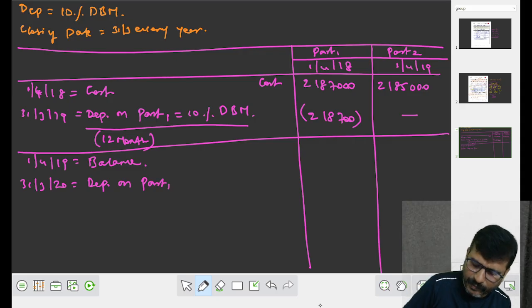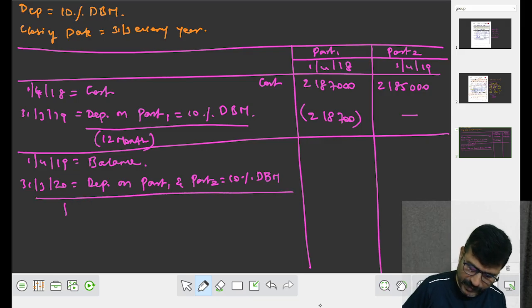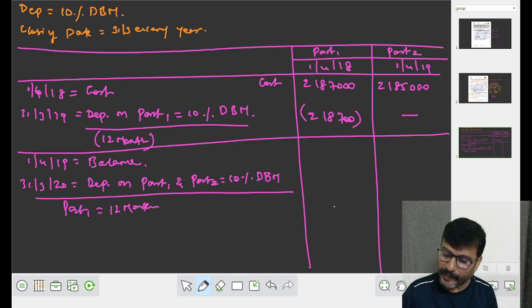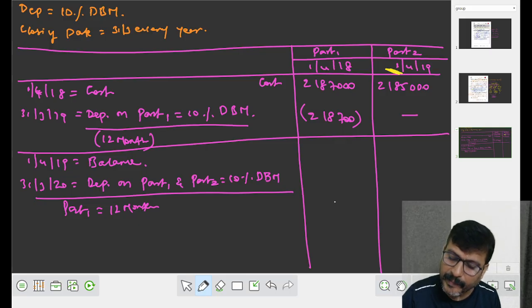Depreciation on part 1 and part 2, 10% diminishing balance method. See, part 1 how many months? 12 months. Part 2 is also purchased on what date? 1st April 18. You are closing on March 20.